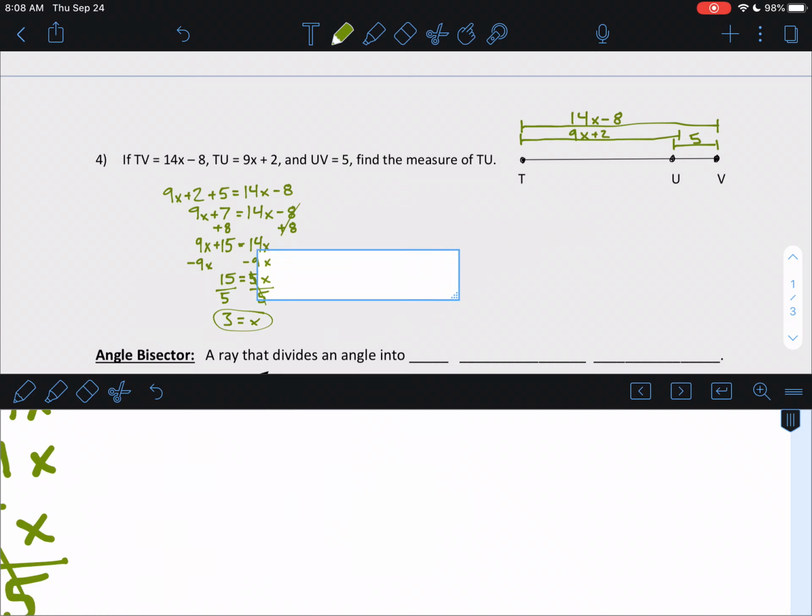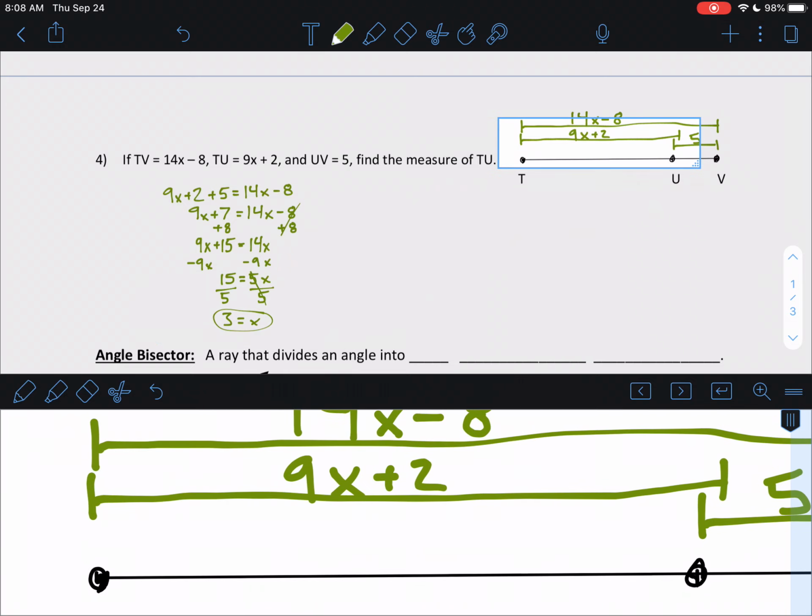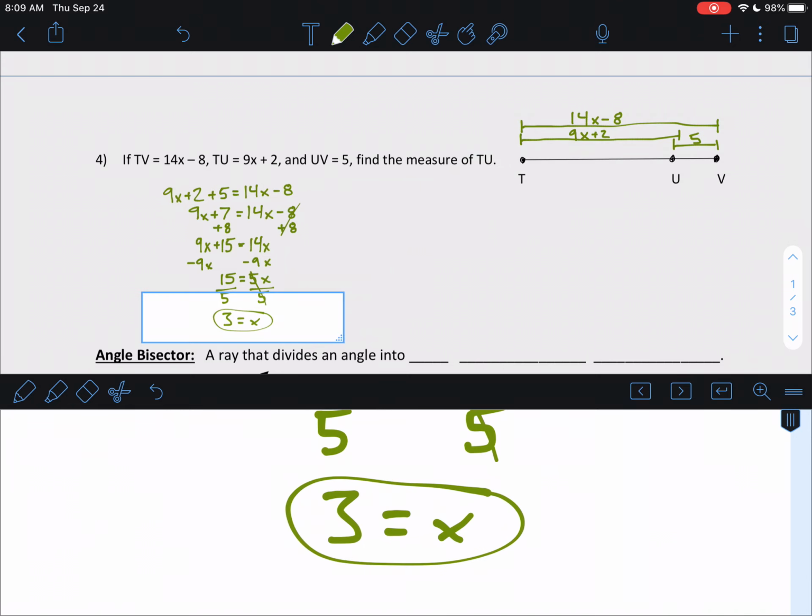If it's saying like, calculate the distance of 9x plus 2 of TU, and you get a negative number, you're wrong about something. But if you're calculating x, that might be a negative number. I guess it's possible for it to be a negative number and still get a positive distance when you plug it in. But yeah, almost all the answers in this class will be positive numbers.